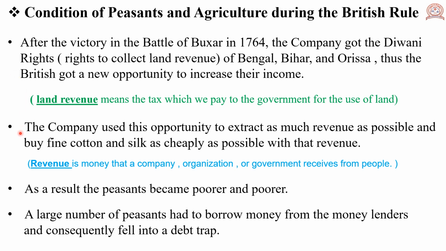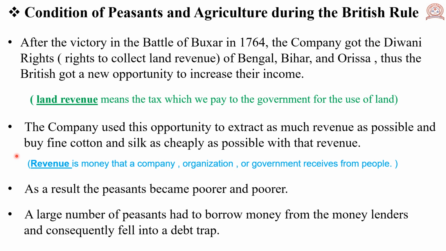The company used this opportunity to extract as much revenue as possible and buy fine cotton and silk as cheaply as possible with that revenue. Revenue is the money that a company, organization, or government receives from the people.